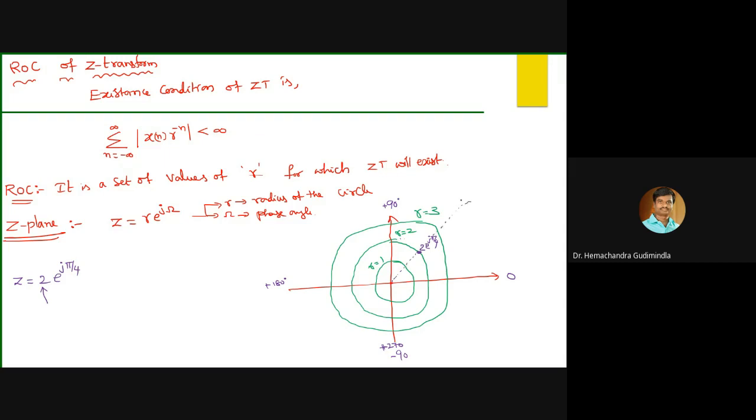So this is the representation of the point. No need to write 2 e power j pi by 4 here. What is the point? Radius is 2 and the angle is 45 degrees, or we can say pi by 4. Is it clear, everyone? So once again I will go back.